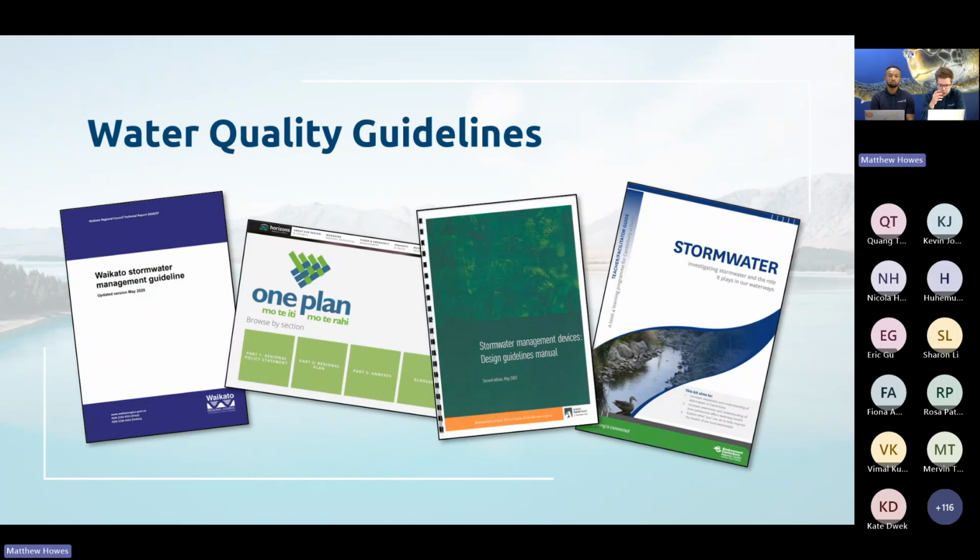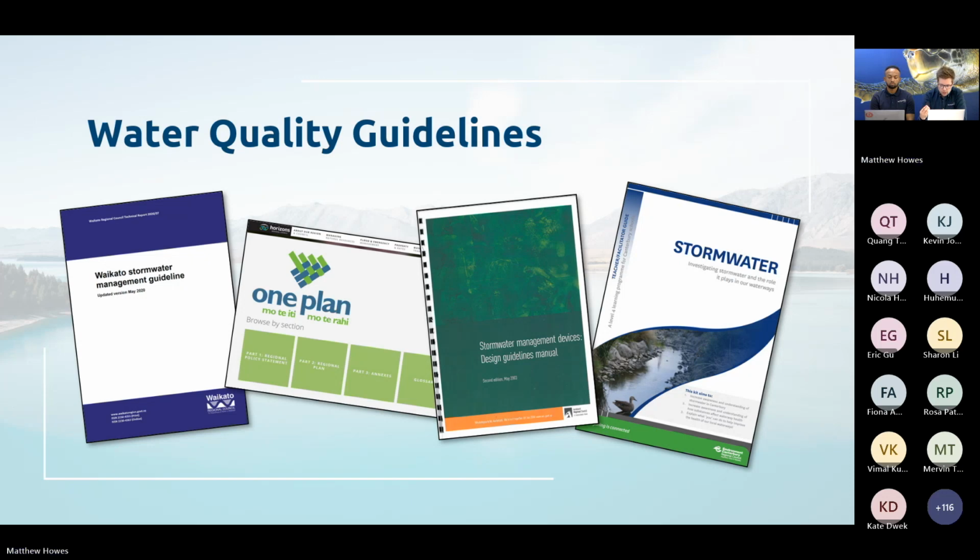And what's quite key is that very few of these documents speak to the design and integration of a manufactured treatment device within a network. The Auckland Council's GD01 document, for example, is how to design green infrastructure devices, how to design open source devices like swales, rain gardens, wetlands, and so on.